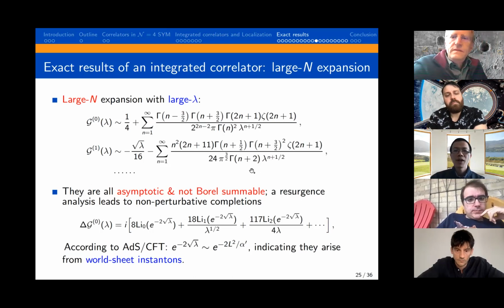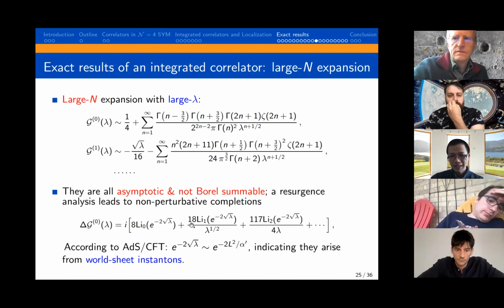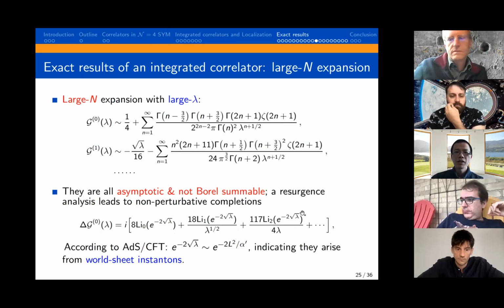In this case, you can run the procedure of resurgence. We have an exact formula for all of the coefficients. We found the exponential term needed to complete this function, due to the fact that it's not Borel summable, takes this form.